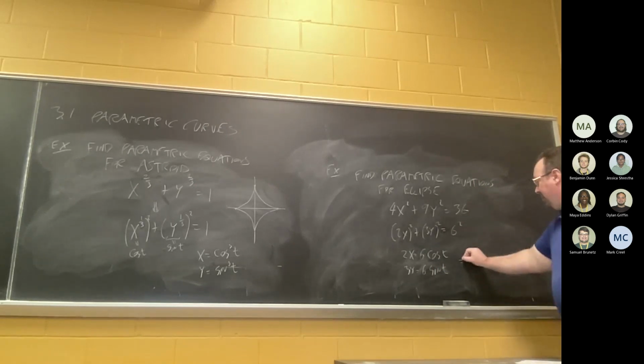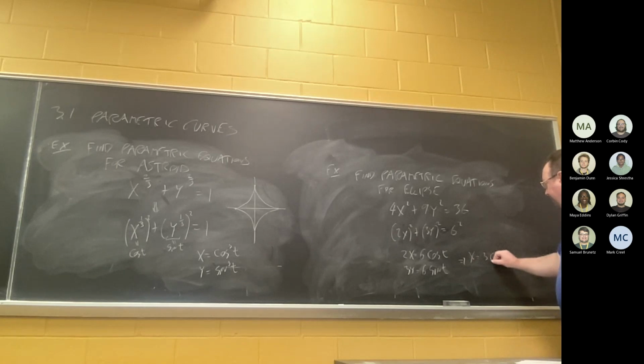So now we have parametric equations for x and y. If you plug in parameter values for t going from, for instance, 0 to 2 pi, if you scale cosine and sine by the same amount, you get a circle, but because you're scaling by different factors, you get an ellipse.